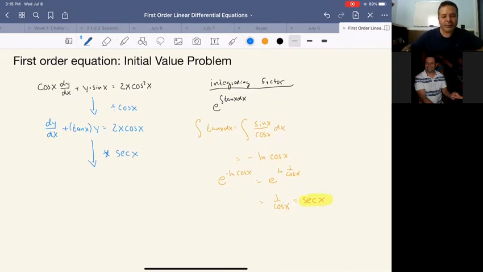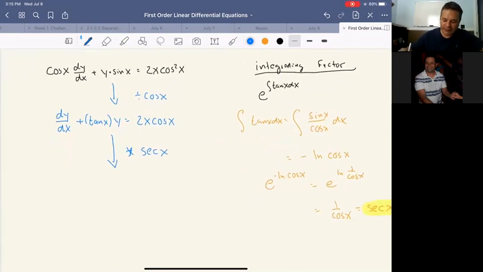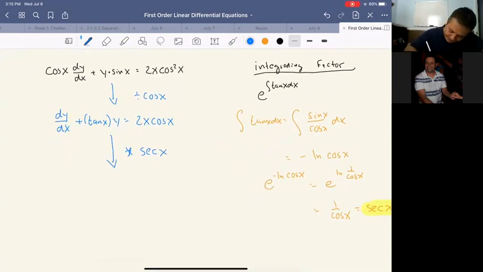Multiplying the equation by secant x, we get secant x dy/dx plus secant x tangent x times y equals, secant x, remember, is 1 over cosine.